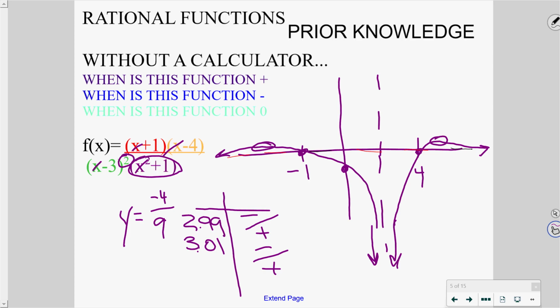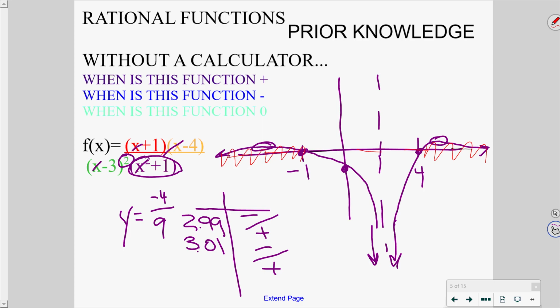Is that the same answer as our previous page? Look at where it was greater than. It's greater than from negative infinity to negative 1 and 1 to 4. Is that the same place it was greater than? I think it was.